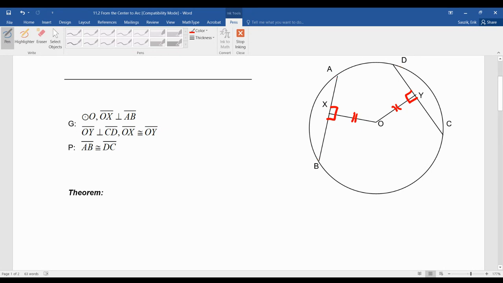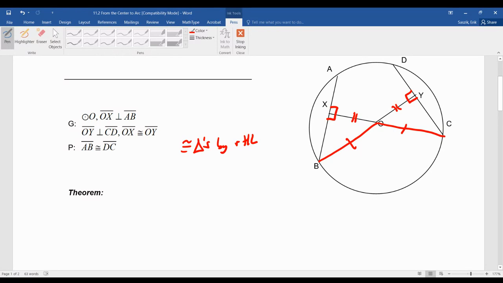I'm hoping that when you thought through this on your own, one of the first things you thought of was drawing in radii. These radii are, of course, congruent, and it leads to congruent triangles by RHL.